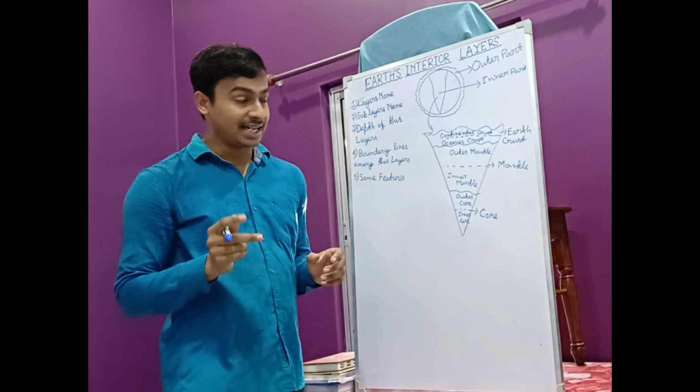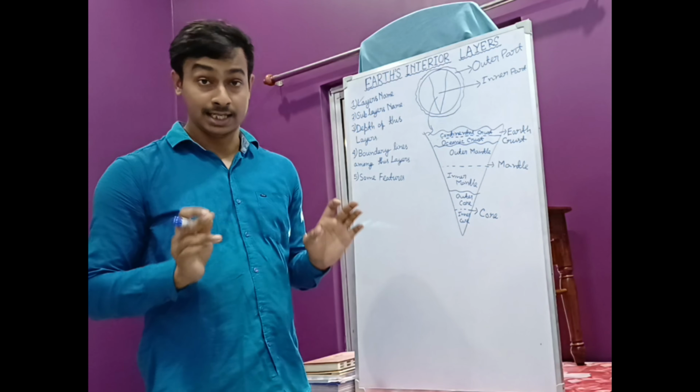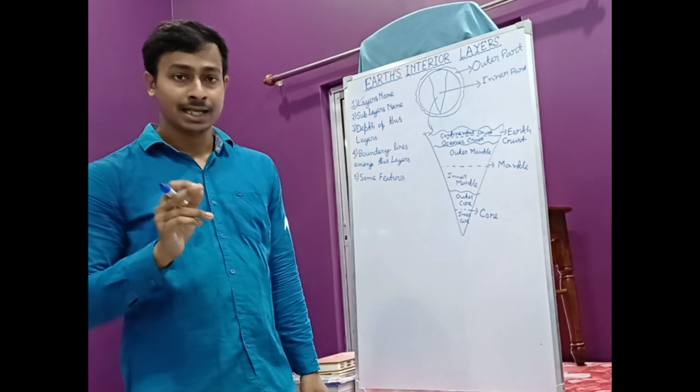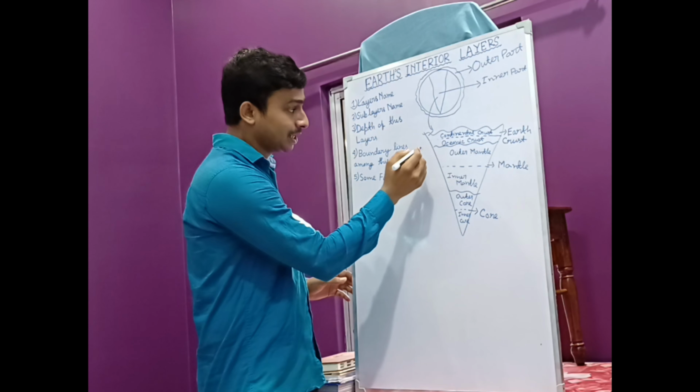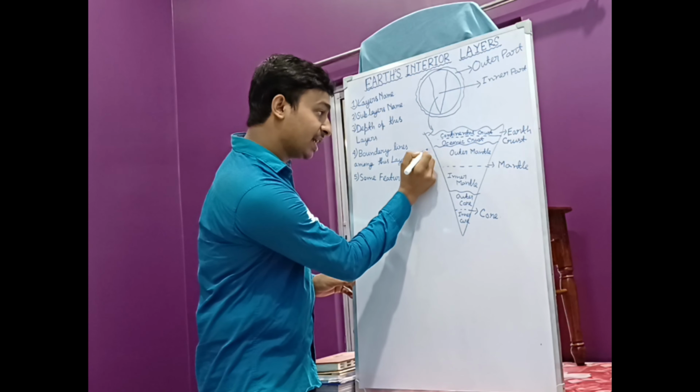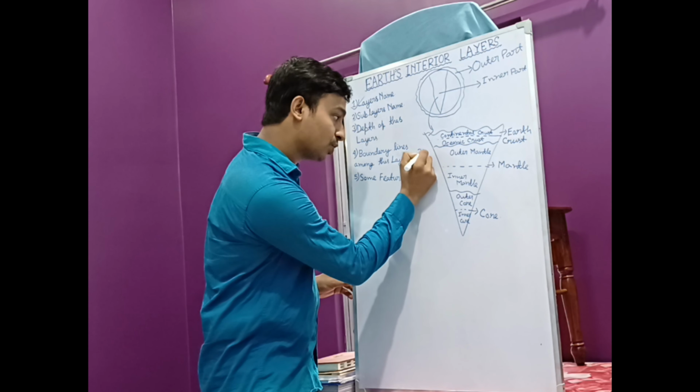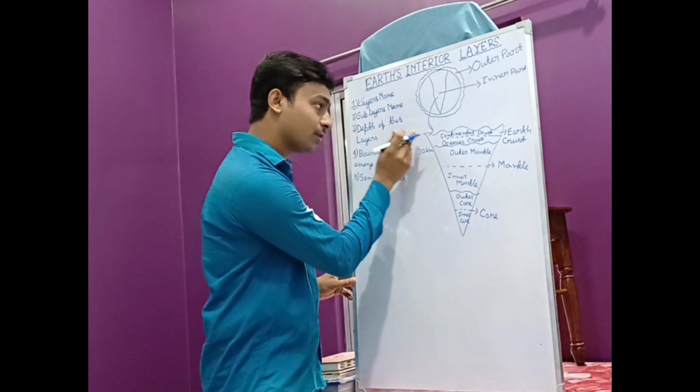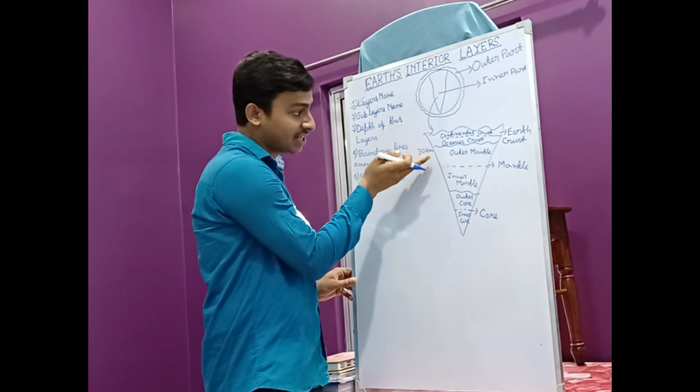Third, I discuss depth of these layers. First, earth crust is situated almost 30 km from earth upper region.